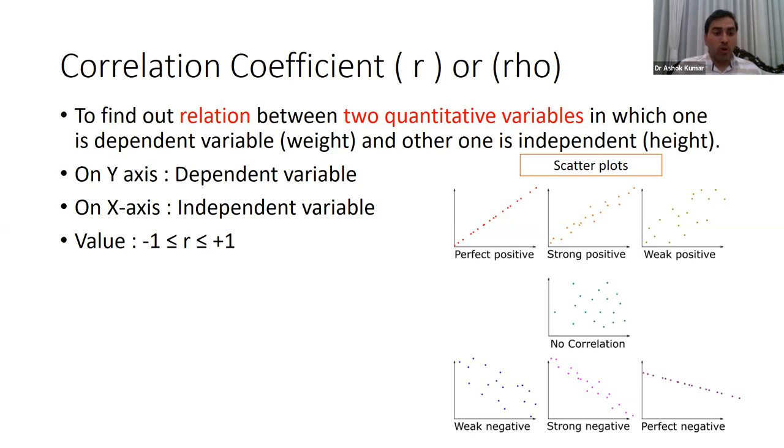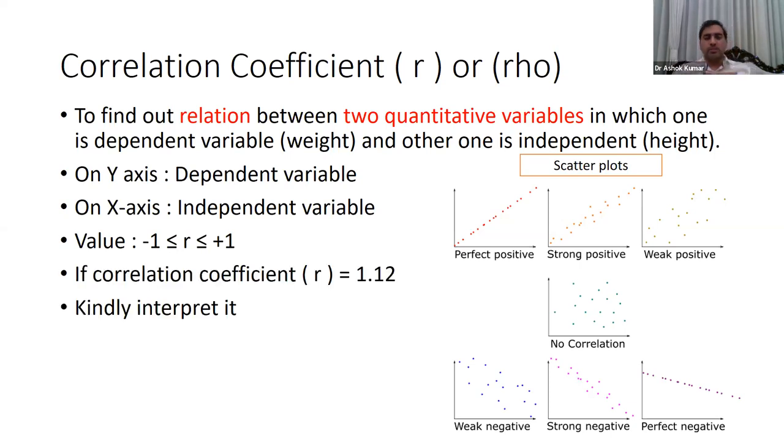On the y-axis is always the dependent variable, okay, and on the x-axis is the independent variable, and its value is -1 to +1. Please remember, the value must always be between -1 and +1. And when you calculate and you get r equal to +1.12, kindly interpret it.